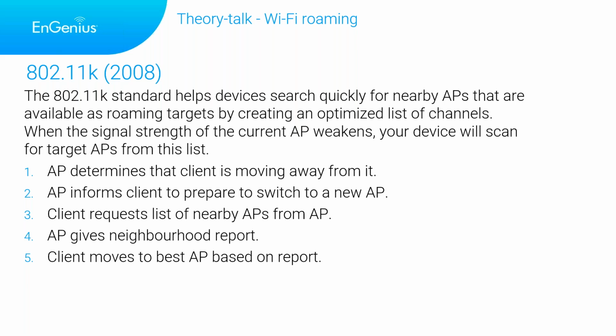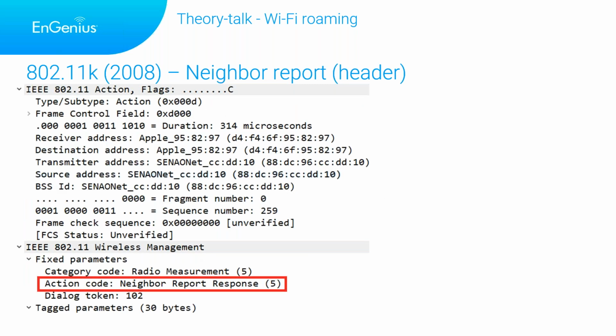And then at a certain point, when the RSSI is too low according to the client, it will move to the next AP. The downside is this needs to be supported by both client and APs, which is normal for most clients at the moment.